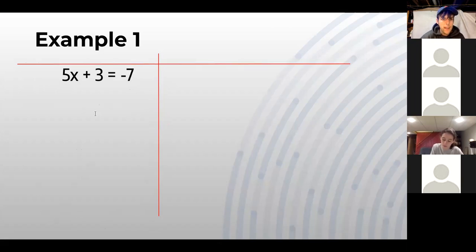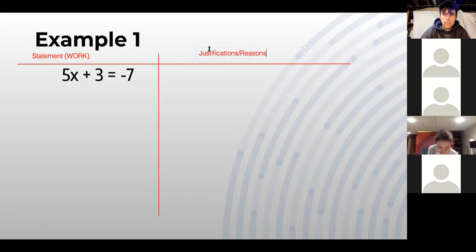So I'm going to write this here. We call this our statement or the work. And then over on the other side, we have our justifications or reasons. This is where we're going to put like our properties of equality and stuff.